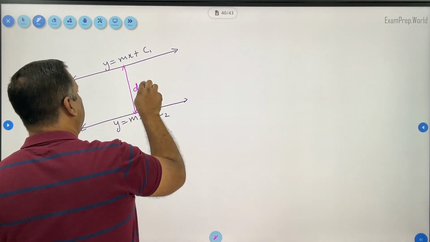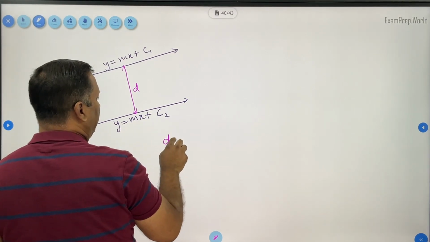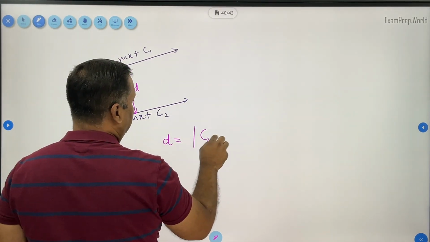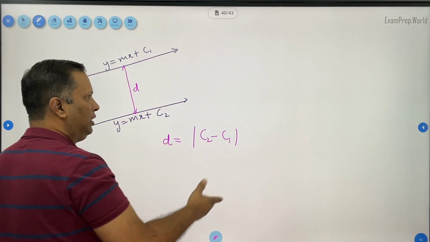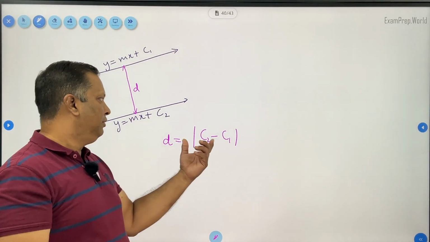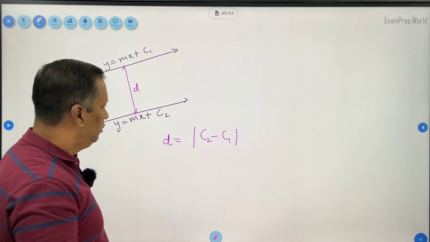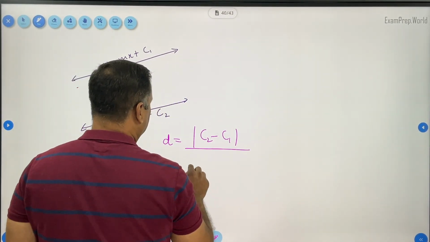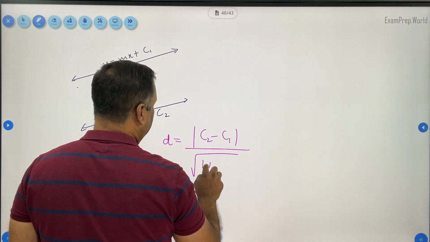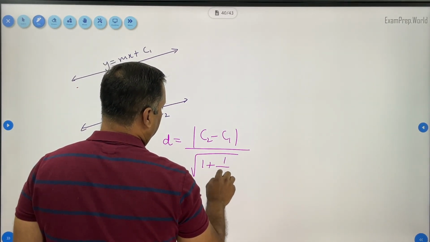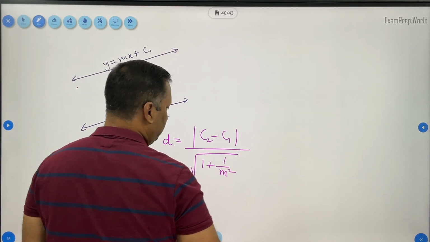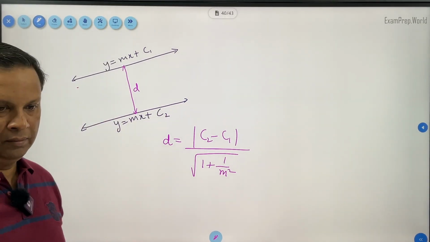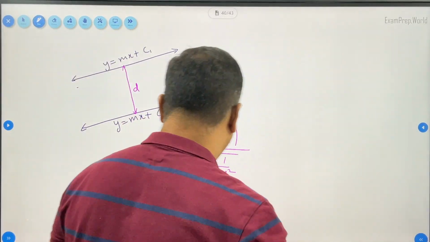So if this is d, the formula to calculate d is equal to mod of c2 minus c1 divided by root of 1 plus m square. It can be c1 minus c2 also, because if you get negative, the mod will make it positive. You don't worry about that.